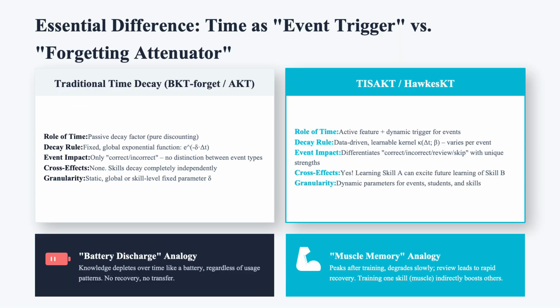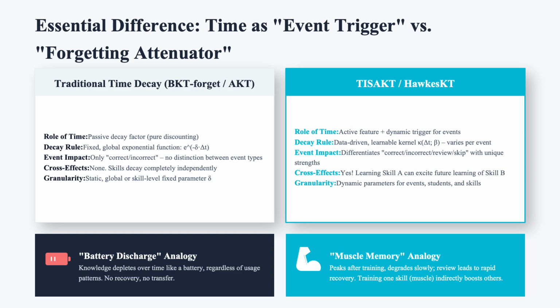Let's re-emphasize the fundamental difference. Traditional models use time as a simple, passive discount factor, a battery that drains. TISAKT and HawkesKT use time as an active trigger for events. The decay rules are not fixed, but learned from data and can vary for different types of events.